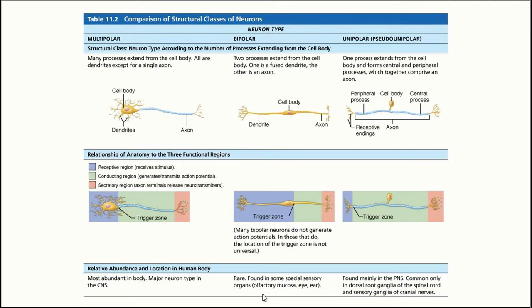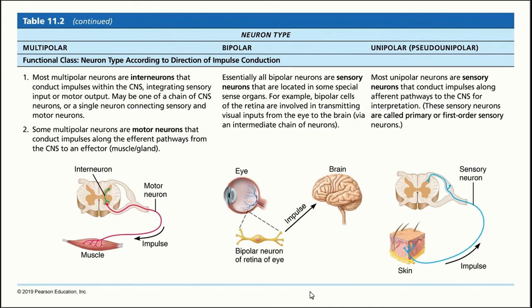Olfactory means smell, and so they're associated with the sensory structures that are in the nose that give us our sense of smell. And they're also associated with the sensory structures of our eyes and our ears as well. Because bipolar neurons are associated with special sensory structures, they function as sensory neurons that are conveying sensory information from those special sensory organs like the eye, the ear, and the nose to the central nervous system for interpretation.